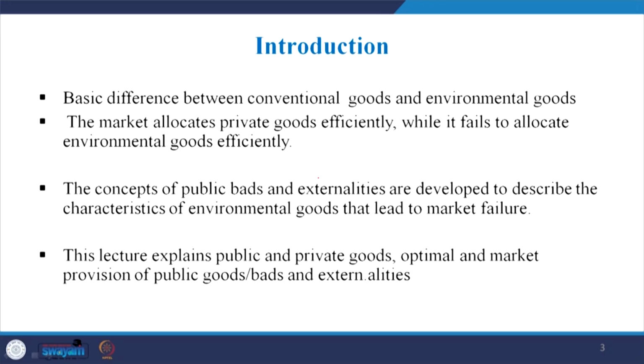You know that the basic difference between conventional goods and environmental goods is that in the case of conventional goods a market exists, like toothpaste, bathing and washing soap, color TV or any other product which we buy from the market.